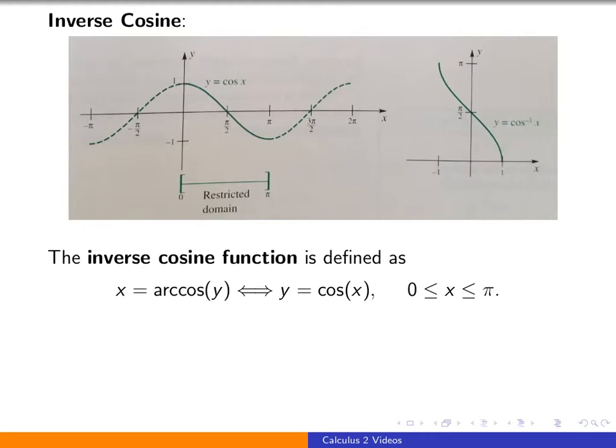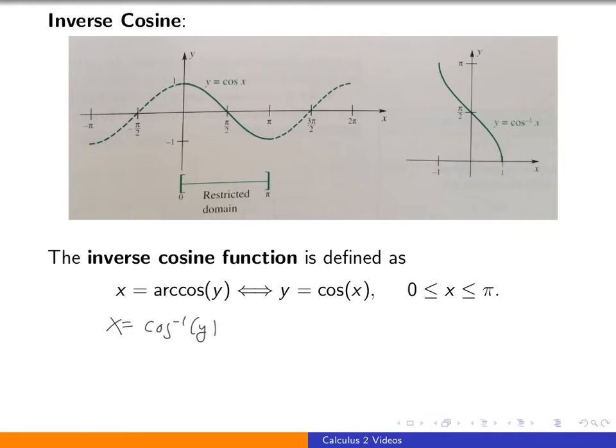Similar to the inverse sine function, we can define the inverse cosine function. If we consider the graph of cosine, we see that it most definitely does not pass the horizontal line test, so it does not have an inverse in general. But if we restrict its domain, the typical choice being 0 to pi, it will pass the horizontal line test, and we will hit every possible number in the range of cosine, minus 1 to 1. So we can define x to be equal to the arc cosine of y, and equivalently, cosine inverse of y, so cosine to the minus 1.